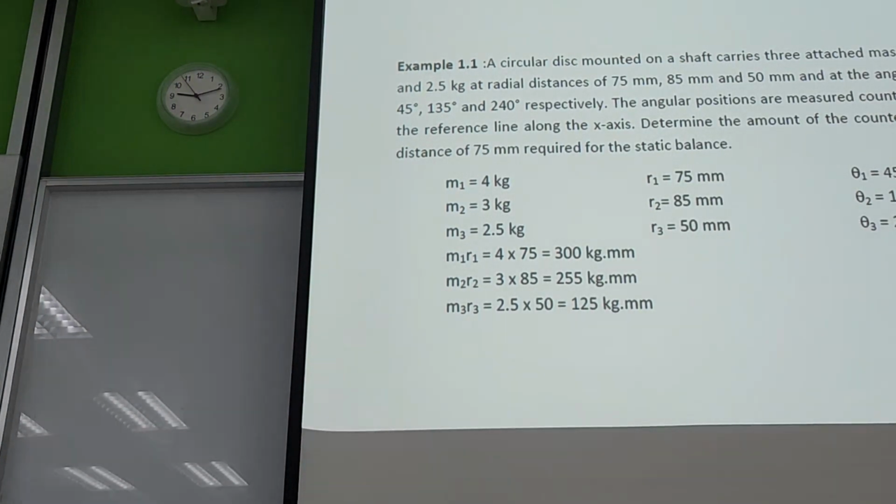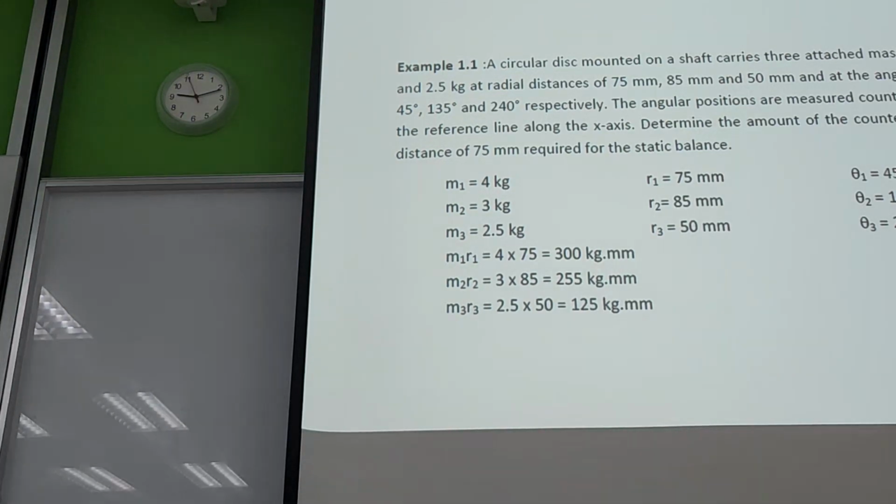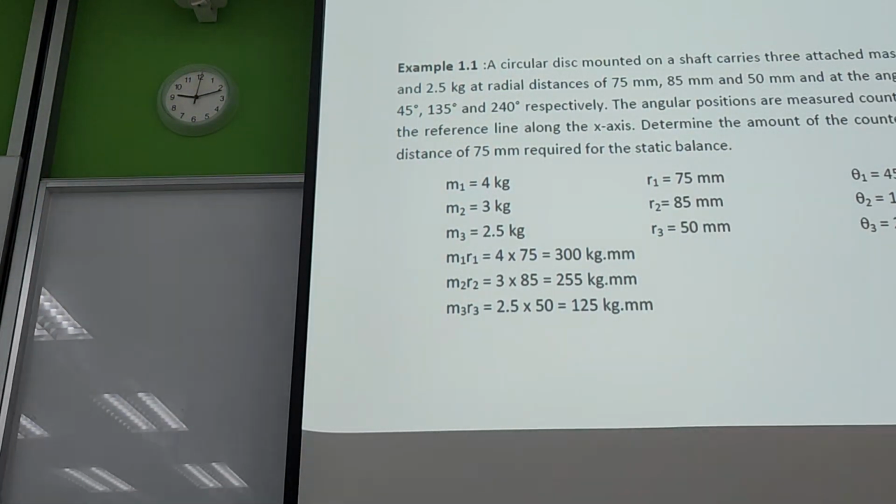So here there is a circular disc attached with 3 masses, 4 kg, 3 kg, 2.5 kg, and they are positioned at 75 mm, 85 mm, 50 mm, and at the angular positions of 45 degrees, that is theta 1, theta 2, theta 3.